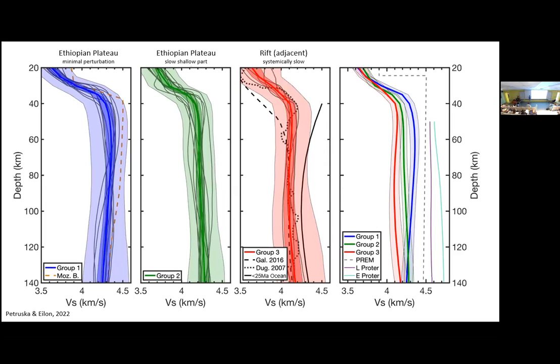So the blue group represents the stations that sit on structure where there's still a lithosphere that has a relatively fast lid with a gradual lithosphere boundary that we're seeing for the first time. The green group is very similar to the blue group, because you can see they come together at the bottom, but in the uppermost mantle lithosphere, the green group is statistically significantly slower.